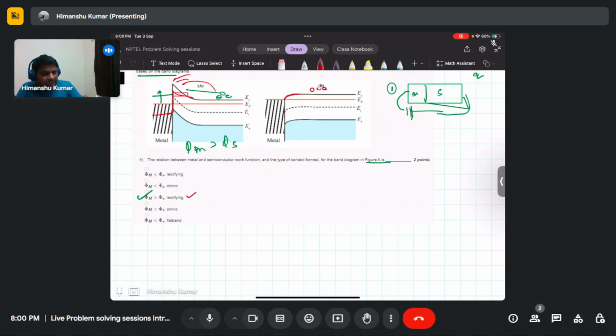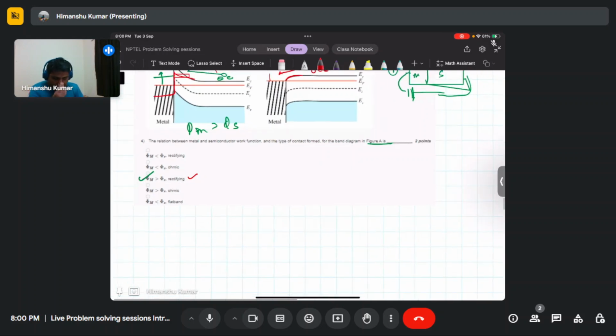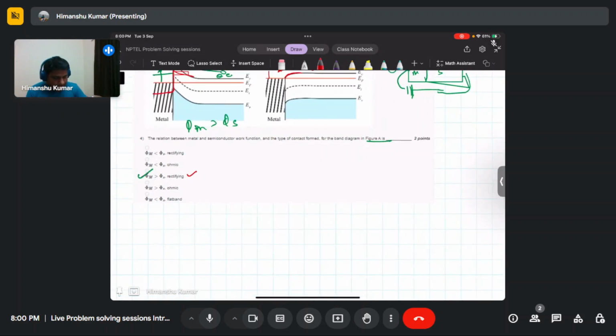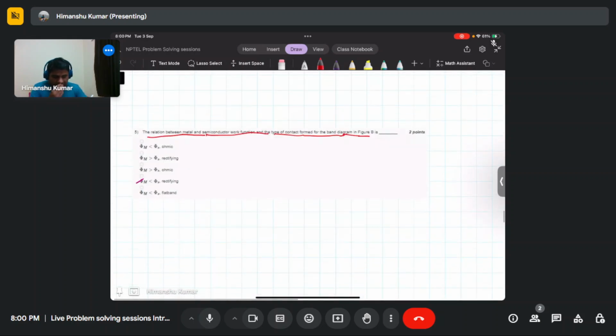If you apply any positive bias, the electron will jump, and if you apply negative bias in the other direction, the electron will flow from here to here, because this barrier is practically non-existent. So this is the case of phi metal less than phi semiconductor.